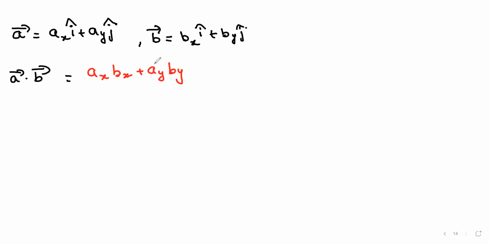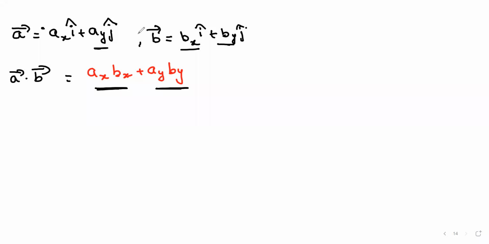If you look at our result, the first term is nothing but the product of AX and BX, so we are multiplying x components, and the second term is we are multiplying y components, right?